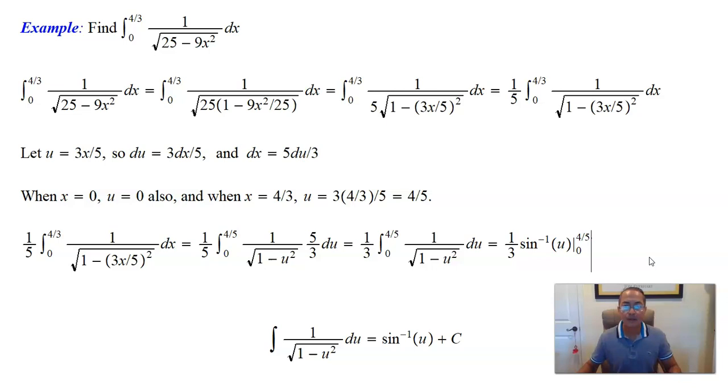Do we know an angle whose sine is 4/5? No, so we'll just leave it as simply inverse sine of 4/5. But do we know an angle whose sine is 0 and is between minus pi over 2 and pi over 2? That would be 0. So this is simply now 1/3 inverse sine of 4/5.